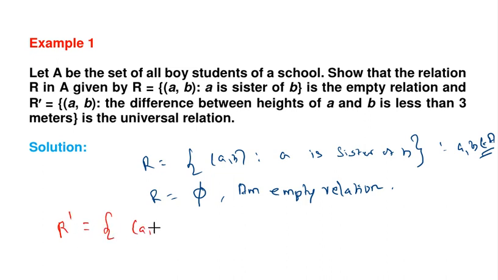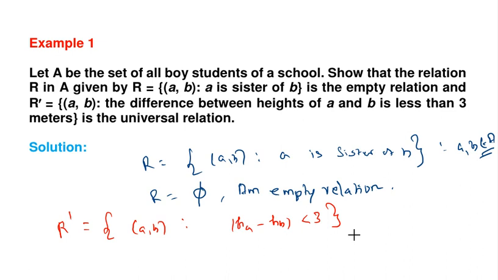What is R dash? The representative element of the relation is A comma B, and the difference between the heights of A and B is less than 3. A comma B are the heights of two boy students, and HA minus HB is less than 3. If you take any two students, the height difference can be 0 or more than 0.